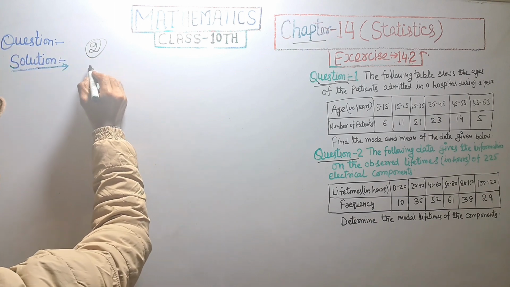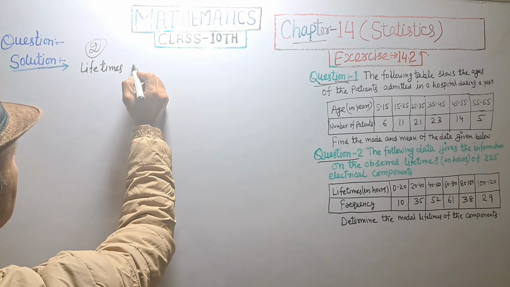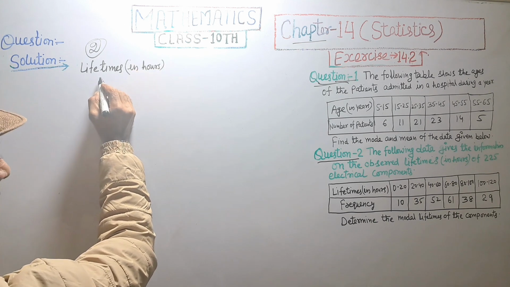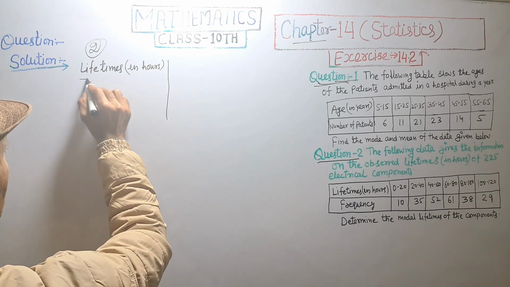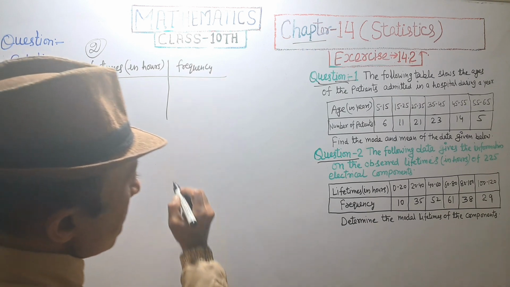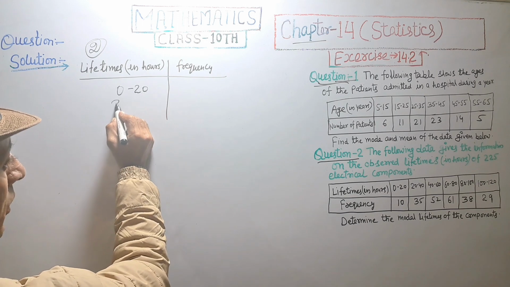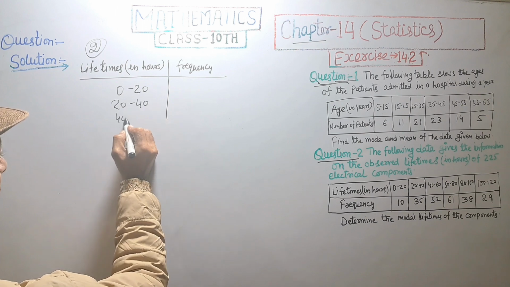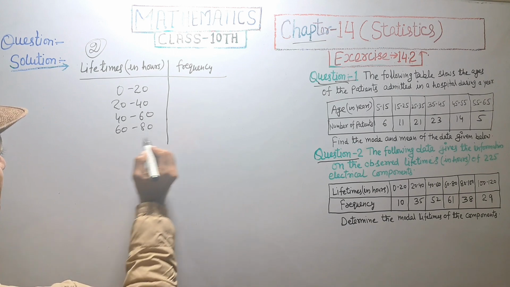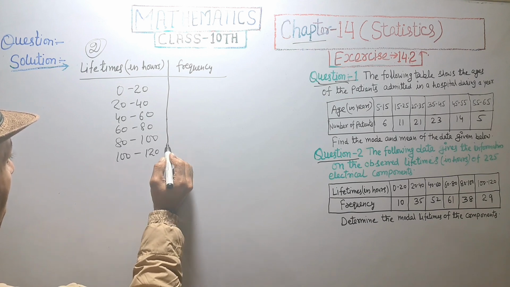We have given lifetimes in hours and frequency: 0 to 20, 20 to 40, 40 to 60, 60 to 80, 80 to 100, 100 to 120.